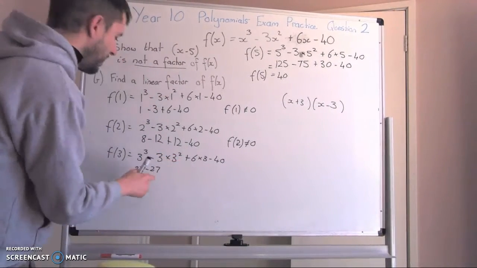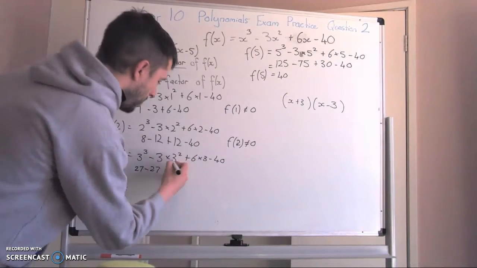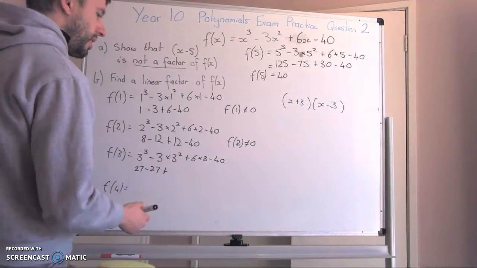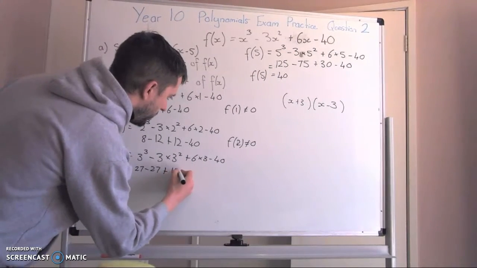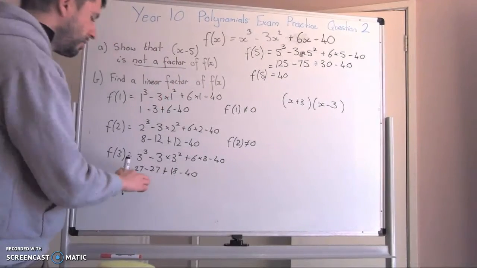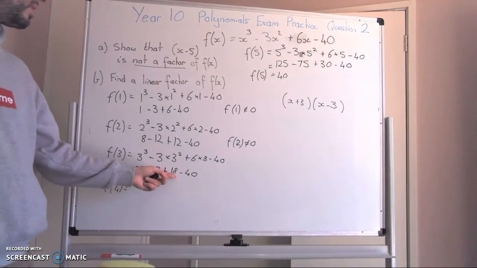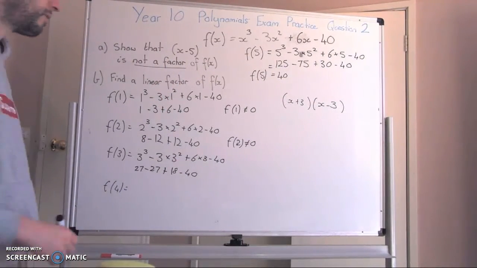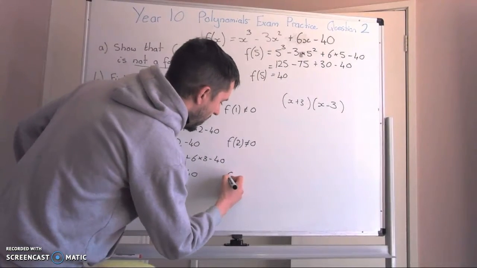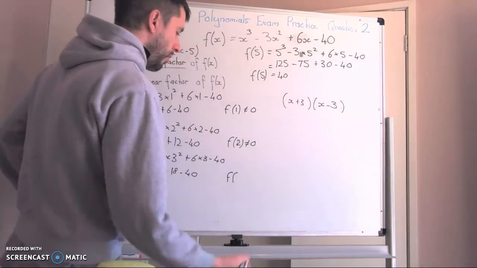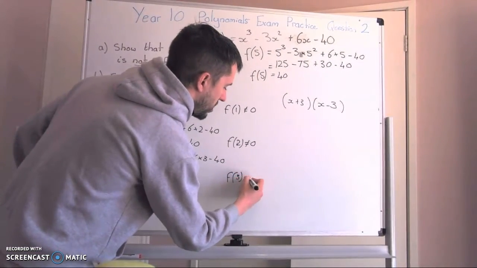So I'm taking away the same thing. Plus 6 times 3, 6, 12, 18, minus 40. So these two are cancelling out, but I'm still left with 18 minus 40, which is a negative, and I've got leftovers. So which means it is not a factor.